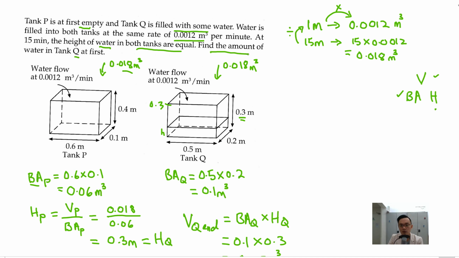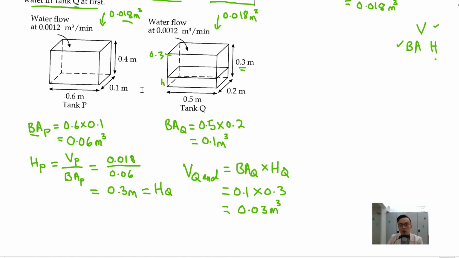And the question asked me to find the amount of water in tank Q at first. So my volume of water at the end is 0.03 cubic meters.